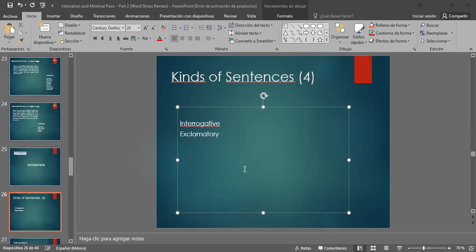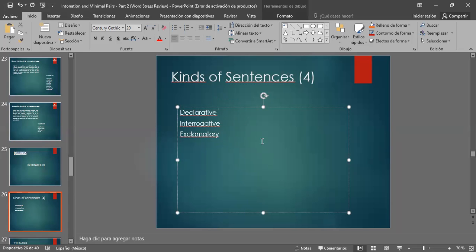La compound no puede ser. Exclamatory, excellent. But we're missing two, right? Me deben dos aquí, porque son cuatro. Oh, nice, nice, nice. Declarative, yes. No, negative tampoco entra. Excellent. And we're missing one, right?